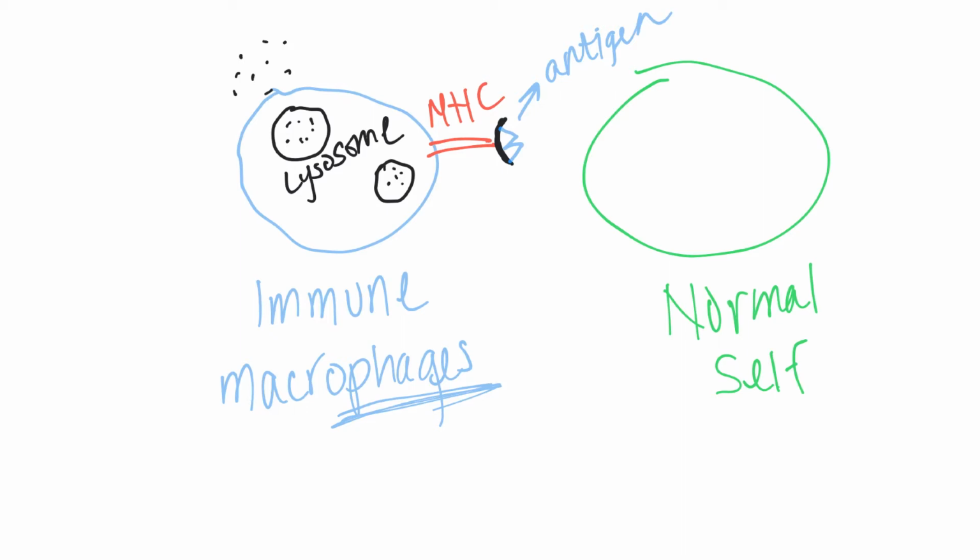Once it's been processed and displayed, we refer to it as an antigen. That now means the cell has a special name called an antigen-presenting cell. When we're looking at these specific types of trafficking cells or policing cells, the flagpole that they display to the immune system is called an MHC type 2 complex.